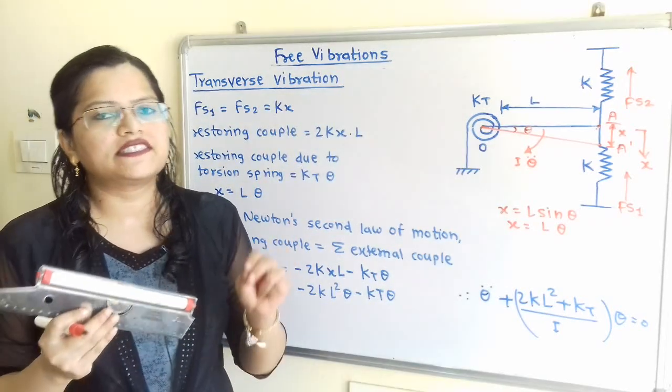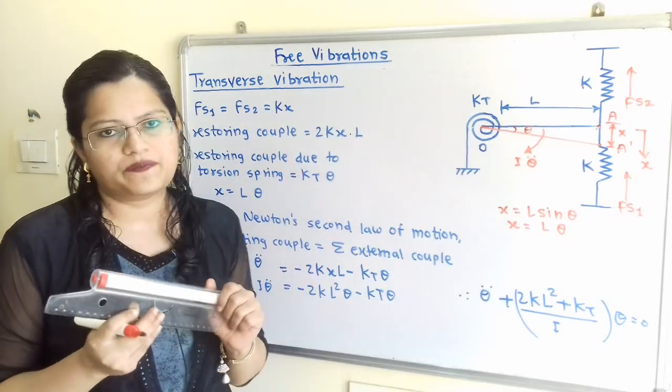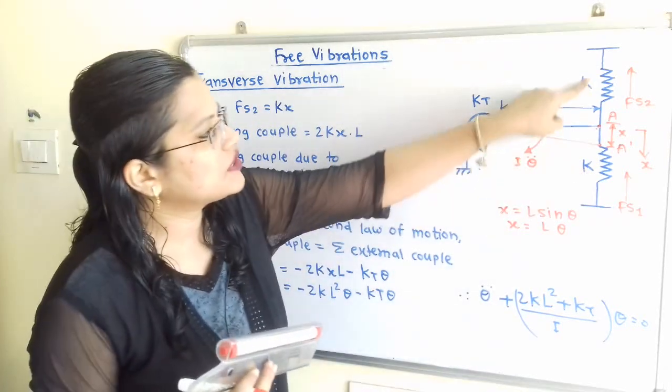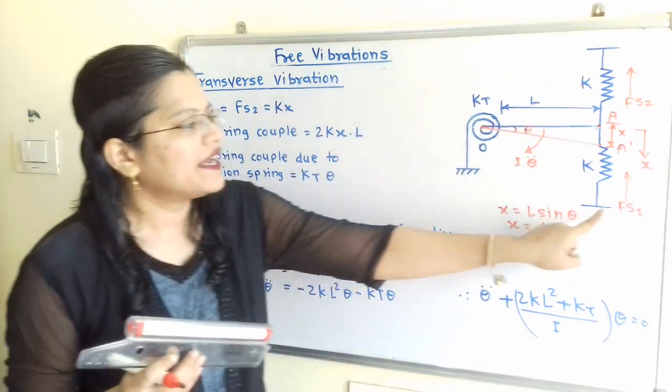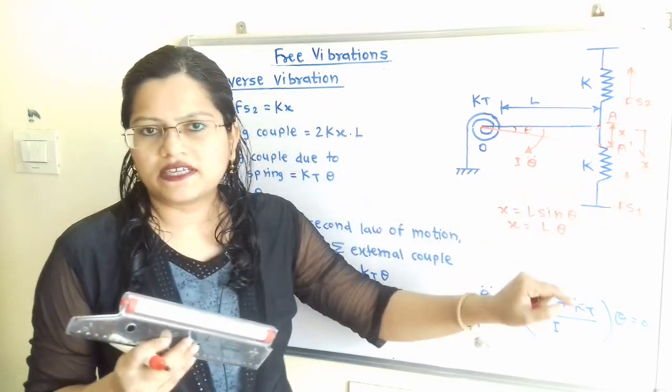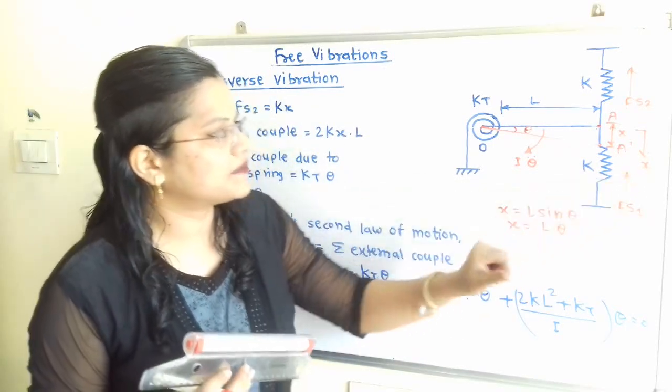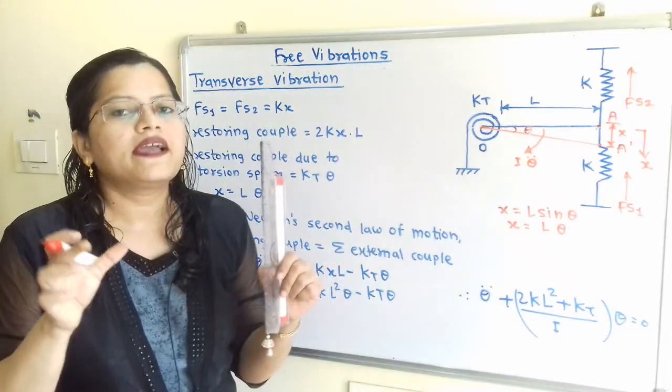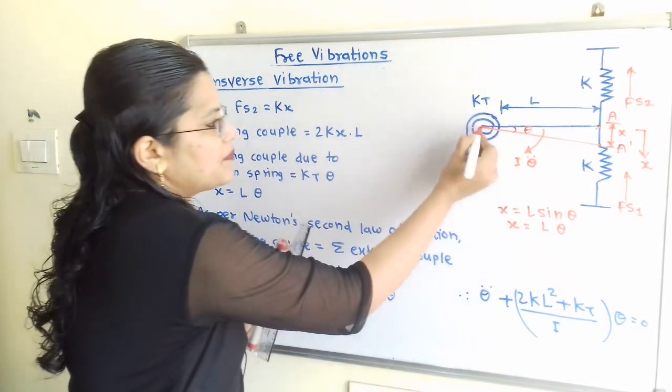Now how can we decide the restoring couple? The restoring couple due to these two springs: we write Fs1, that is stiffness K multiplied by linear displacement x, that is Kx, multiplied by the perpendicular distance from the pivoted point.